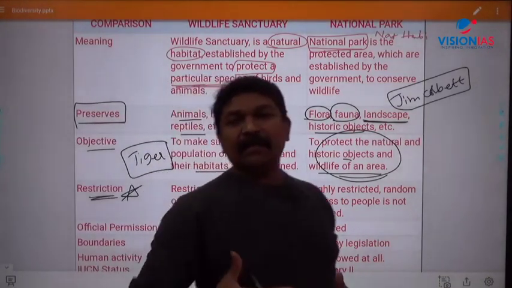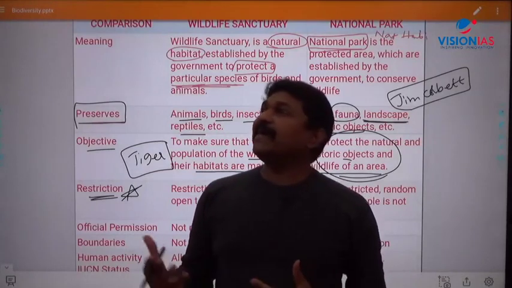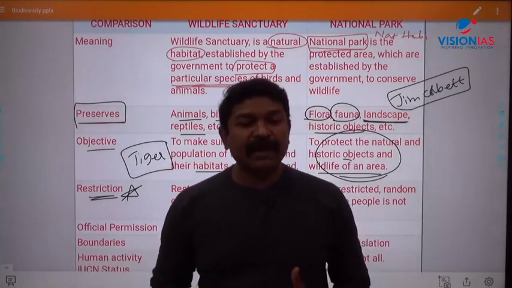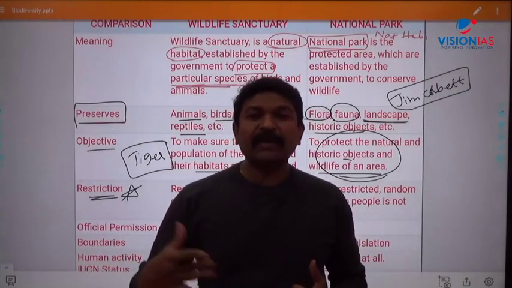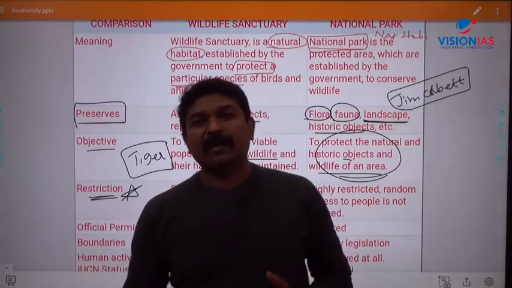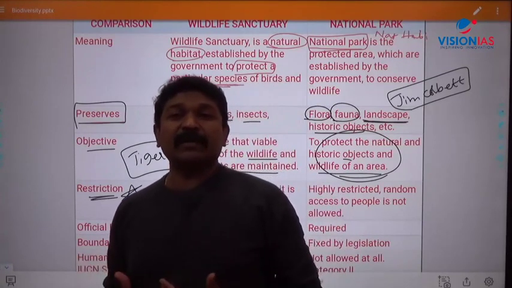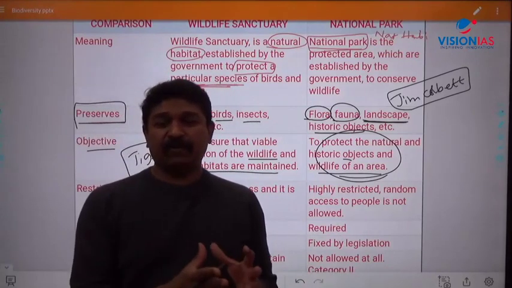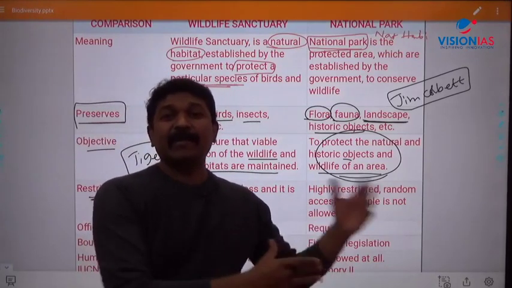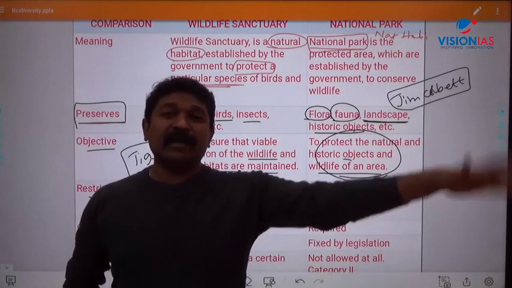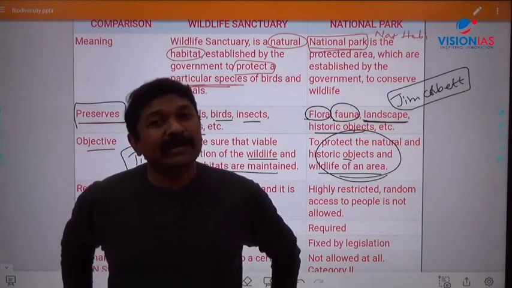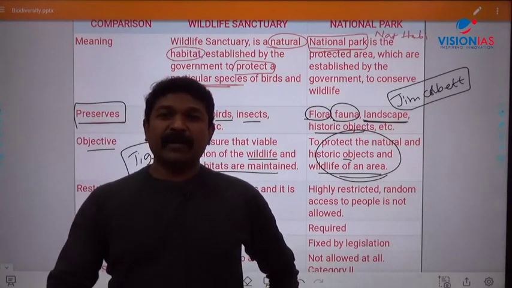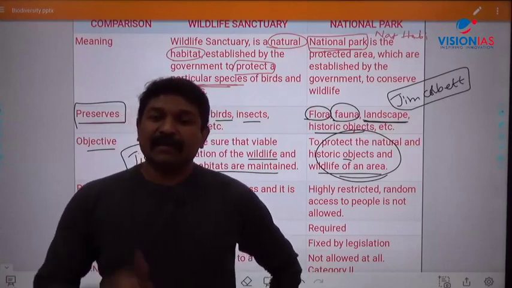When man is freely entering the national park or any protected area, then what will be protected? Who is man? Such a fellow who can degrade the entire environment there. When this fellow is allowed to move freely in and out, what happens? He can cause degradation, he can cause destruction.